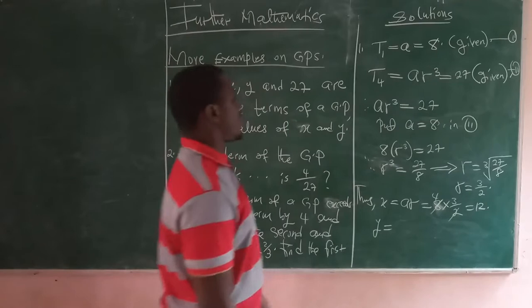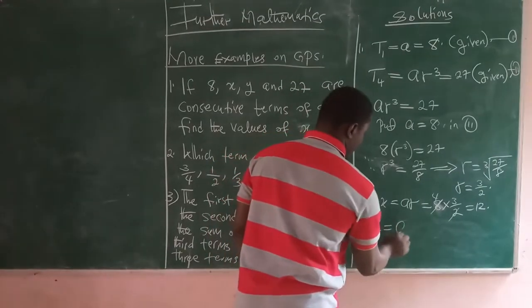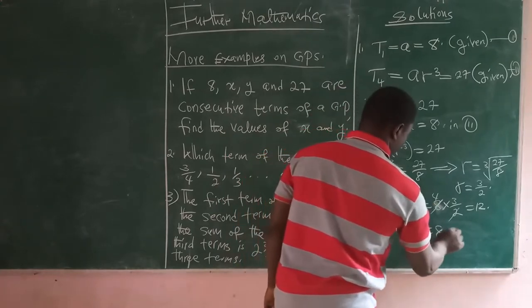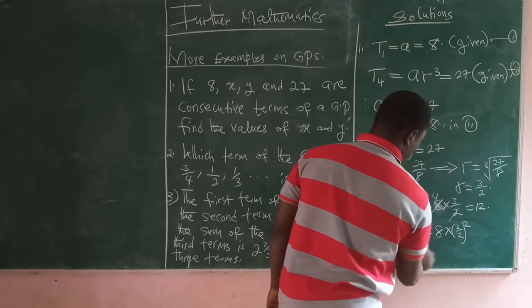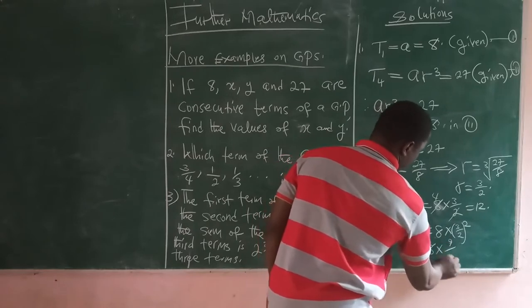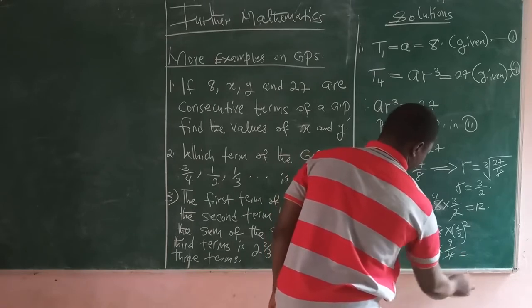y, what term is y? y is the third term, and y is equal to ar squared, which is equal to 8 times 3 over 2 squared. So this is now 8 times 9 over 4. This will cancel out twice to give me 18.